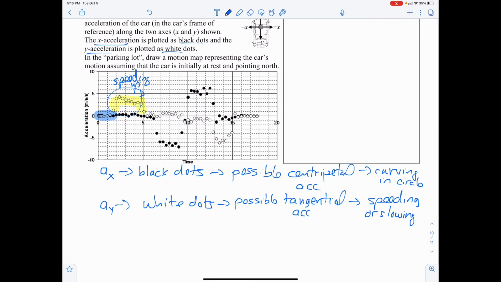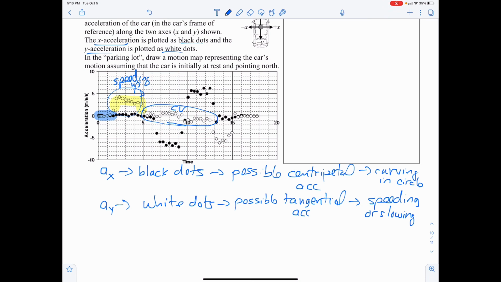But notice your acceleration in the X direction is still 0, so you're not curving. You're just simply speeding up going forward. Okay, then what happens to the white dots? The white dots come back towards the middle, which means we go at a constant velocity from 5 to, it looks like 12 seconds.